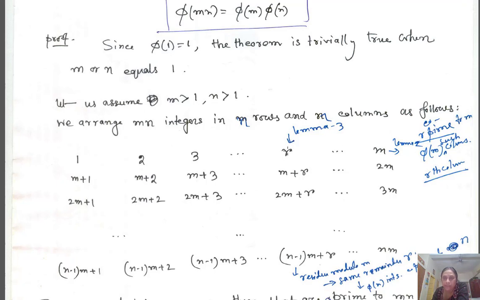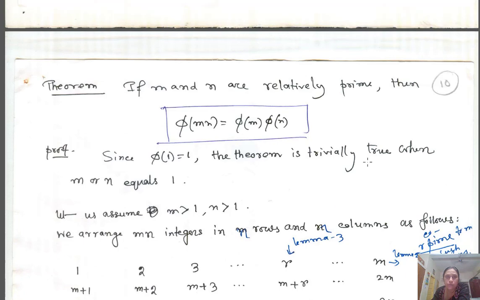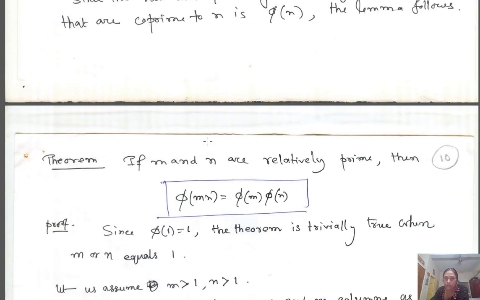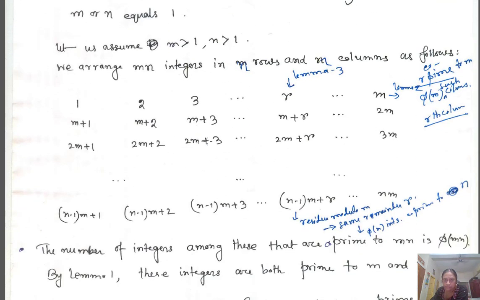Okay, so if you use lemma 2, how many elements are there which are co-prime to m? Phi m many elements.